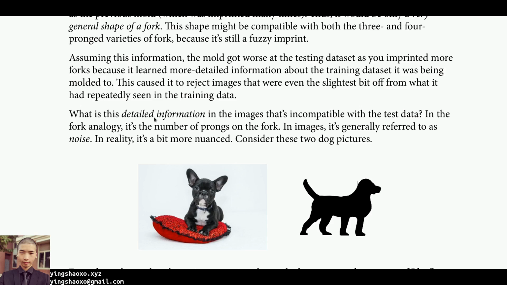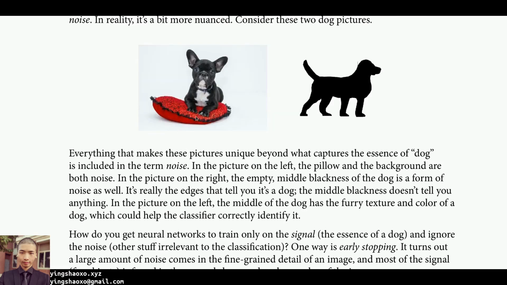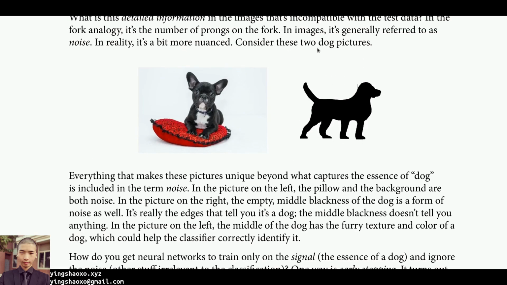And if your neural network did that, it will not be able to recognize the same thing you thought it would, and instead it will try to reject anything that has a little bit of difference from the training data. You can consider these two dog pictures here.